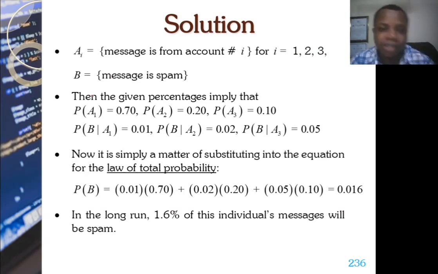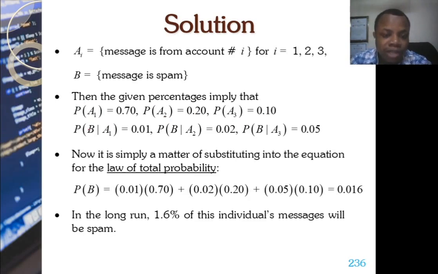So from the question, the various percentages have been given. The probability of event A1, that is a message going into my account 1, is 70%, which is 0.7. The probability of a message going into account 2 is 0.2. That of the last one is 10%.